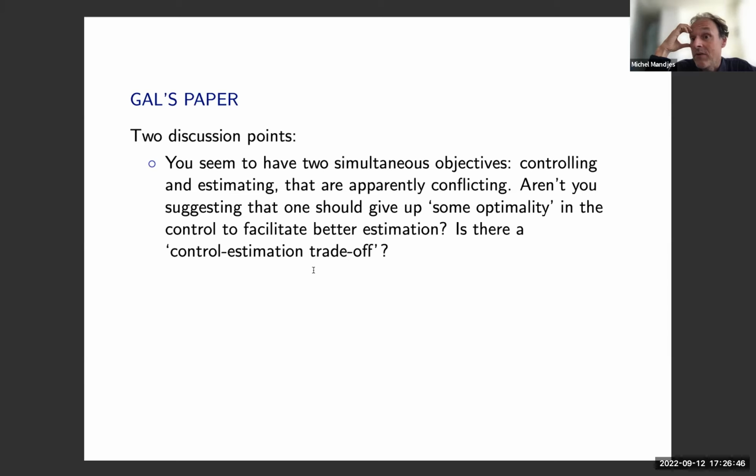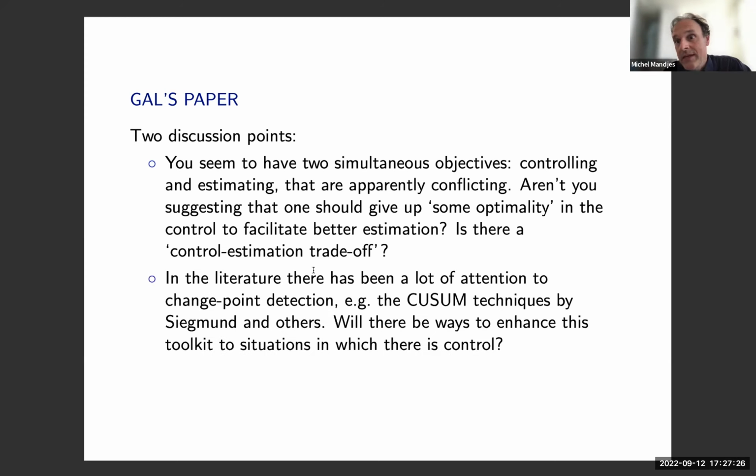One of the things you could wonder, my suggestion to Gal, was to give up some optimality. So do your control in a slightly non-optimal way, which could potentially make the estimation problem much easier. That would be the hope. In general, I suppose there would be a control-estimation trade-off curve or so, and I think it would be cool to get a handle on that. Then it's up to the person steering this system to decide which point he or she wants to be at in terms of control and estimation.